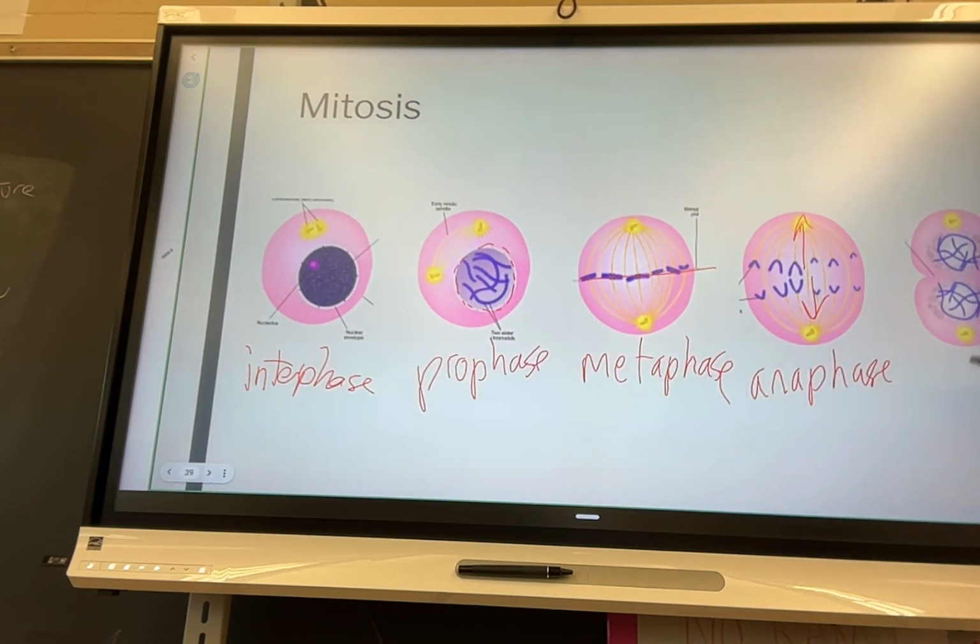And the last one, telophase. Because we are starting to reform our nuclei, and the cell is slowly pulling apart. Any questions about mitosis? When we go over meiosis, all of these steps are going to show up again.